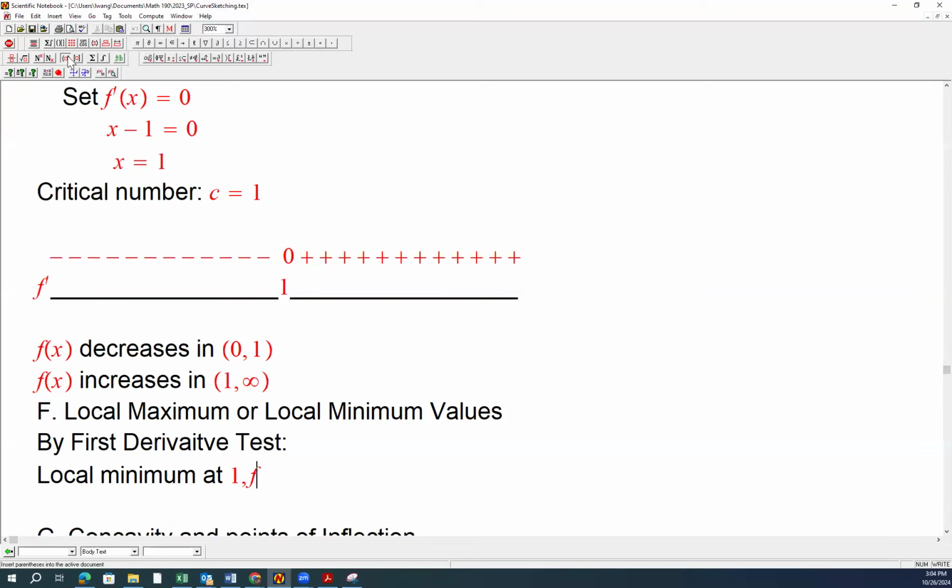At 1, we're going to plug into the function. The function is 1 over x plus ln x. So my input is 1, so this is 1. ln 1 equals 0, so this is 0. So the local minimum is f of 1 equals 1.